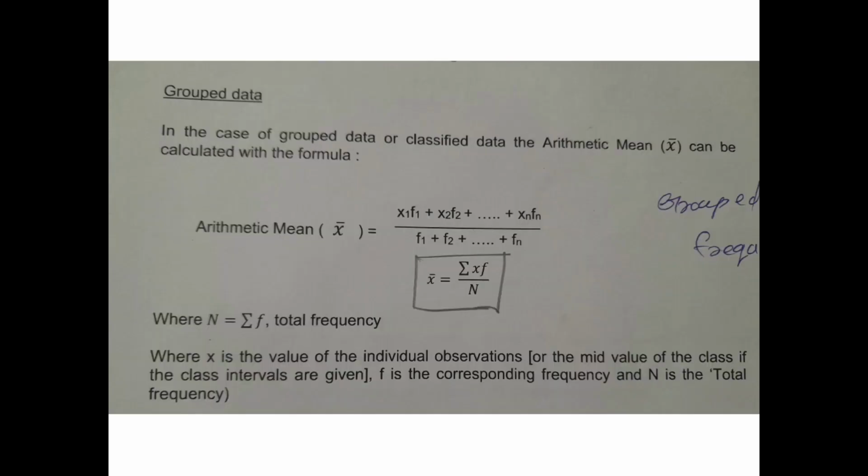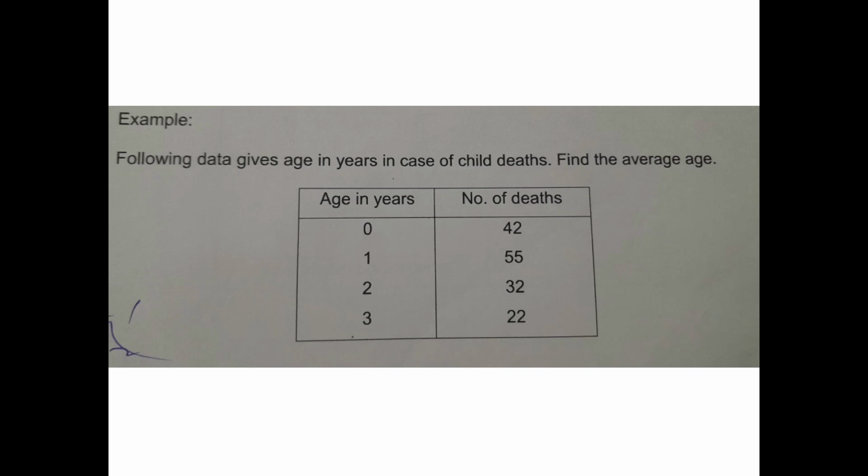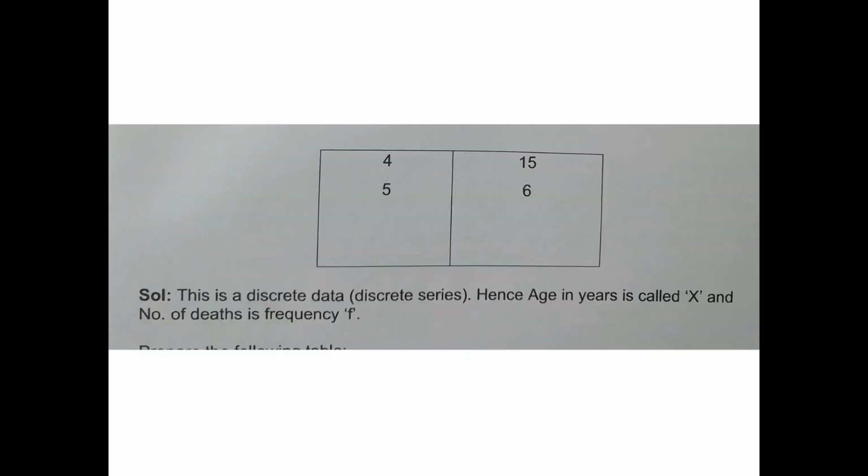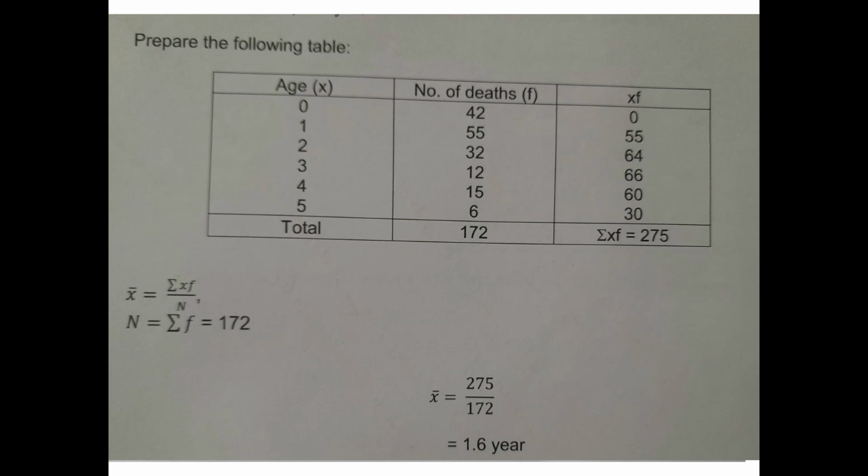If they have given two columns, we calculate it as grouped data. The first column we consider as x, the second column as f. Then x into f you have to take. For that we make a third column. Whatever they gave in the question, we write in the first column as x, the second column as f, and the third column as xf.